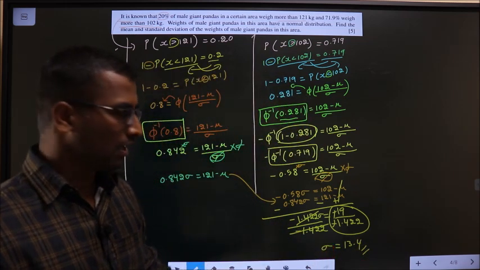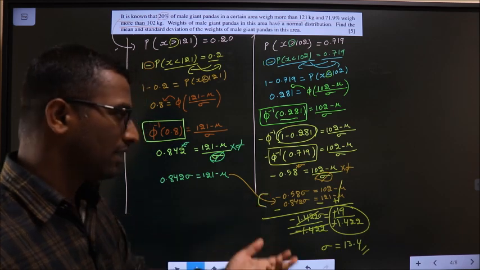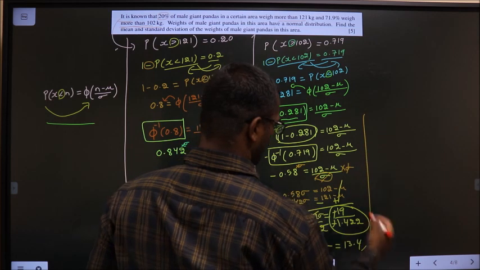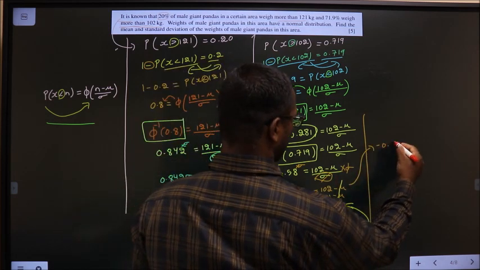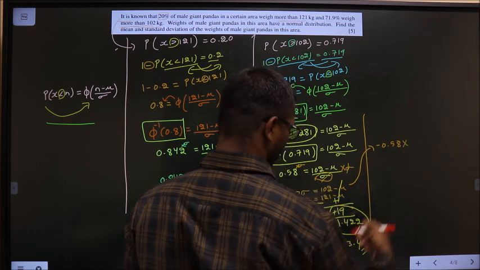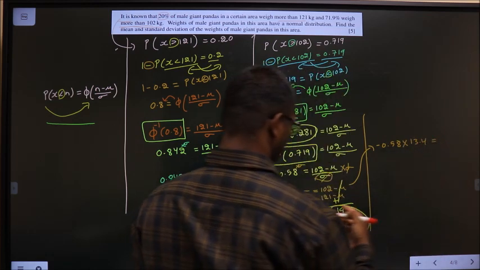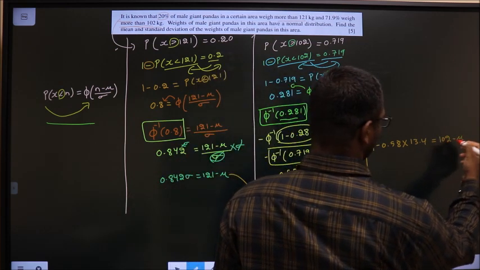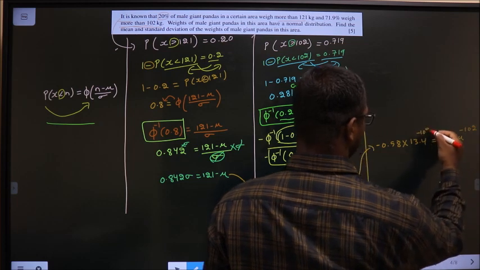Clear? Understood? Now replace standard deviation in any one equation, you will get mean. So if I replace in this, so minus 0.58 into 13.4 is equal to 102 minus mean. Now to get rid of 102, subtract 102 on both sides.